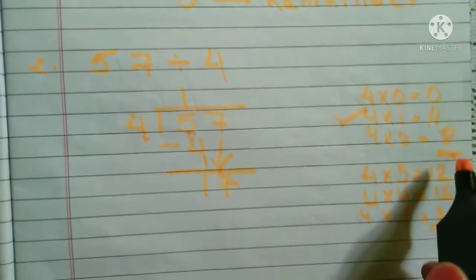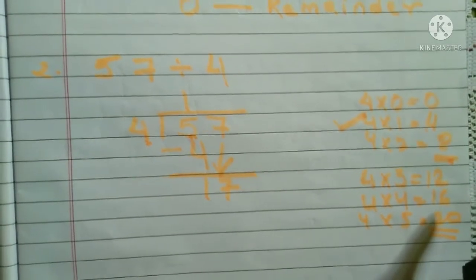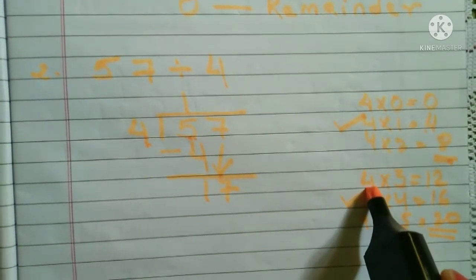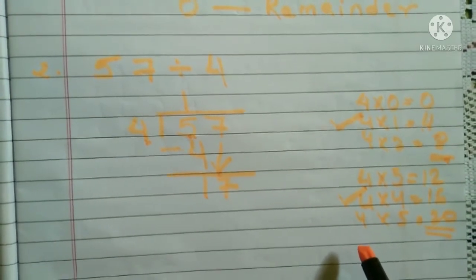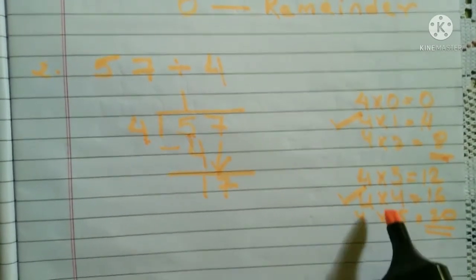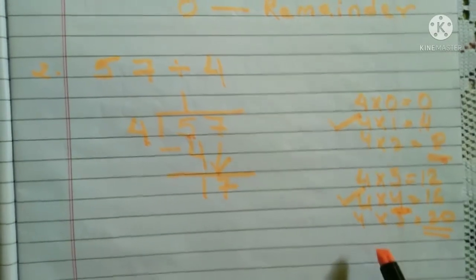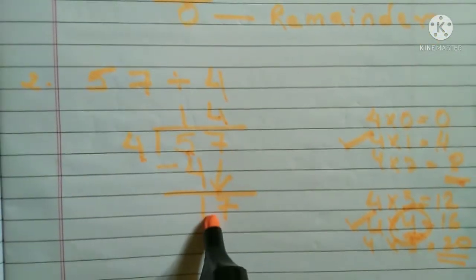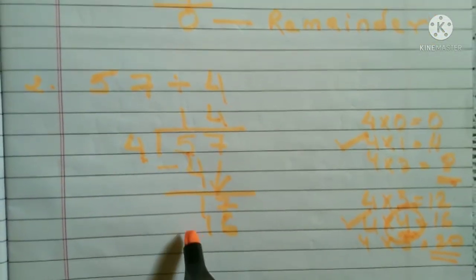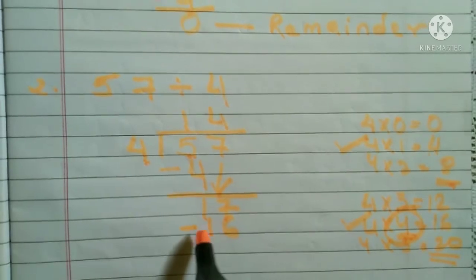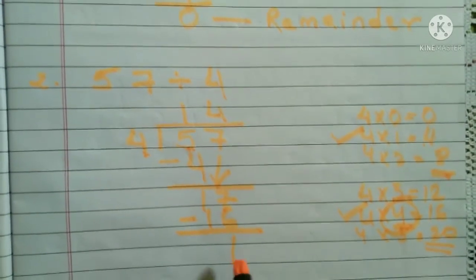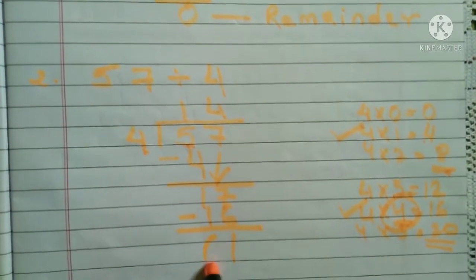But 17 we cannot find in 4's table. So we need to write 16, the smaller number than 17. That is how many times? It is 4 times. 4 fours are 16. Subtraction sign, and when we subtract we get 1 as a remainder.